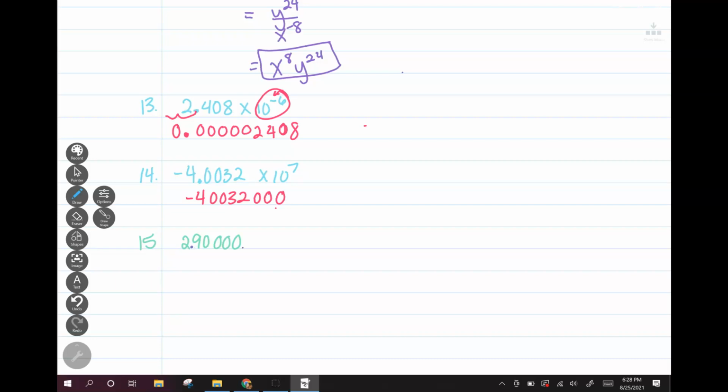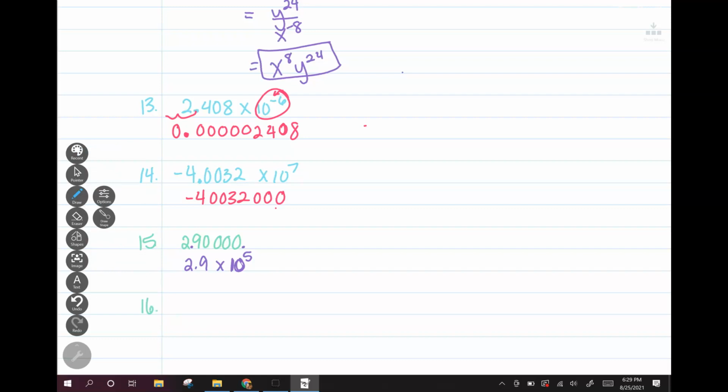And so count how many places that moved. 1, 2, 3, 4, 5. 2.9 times 10 to the positive 5. Since we want this number to get larger, right? We want to multiply it by 10 to get 290,000. Multiply it by 10 over and over until you get 290,000.